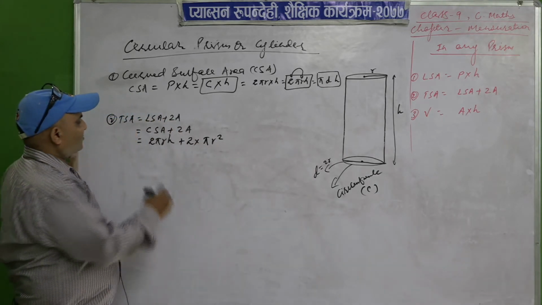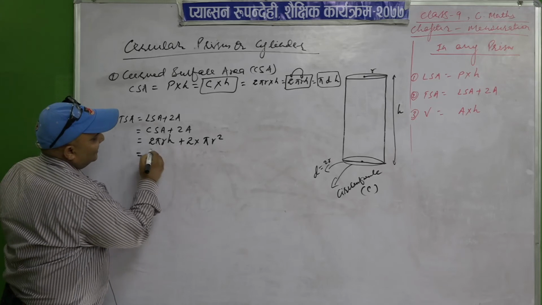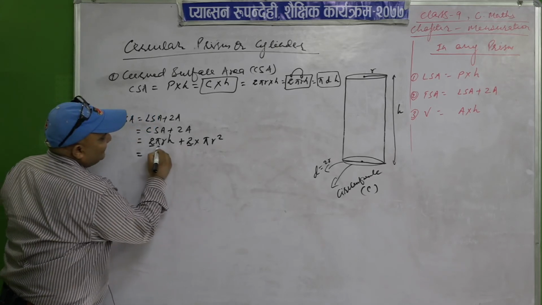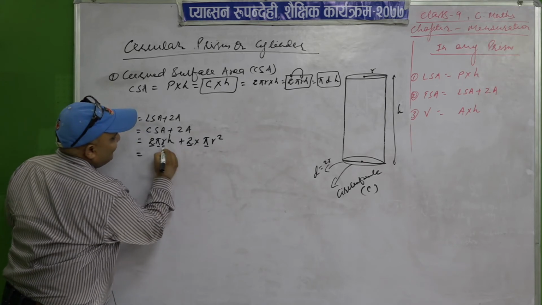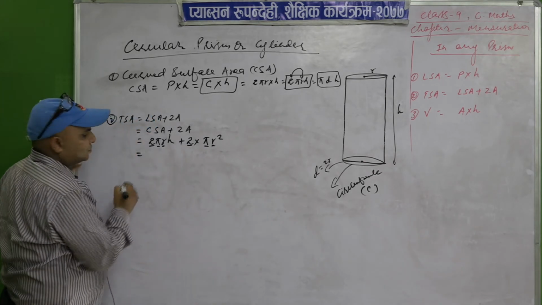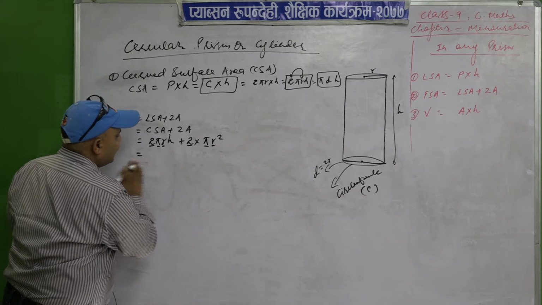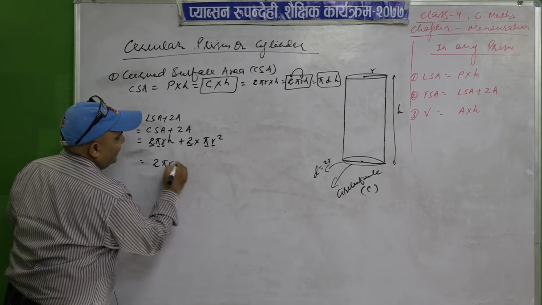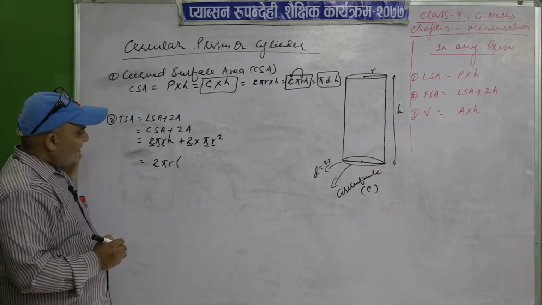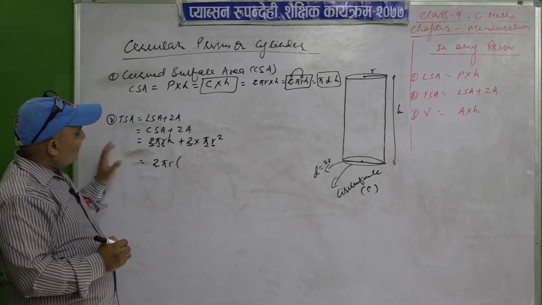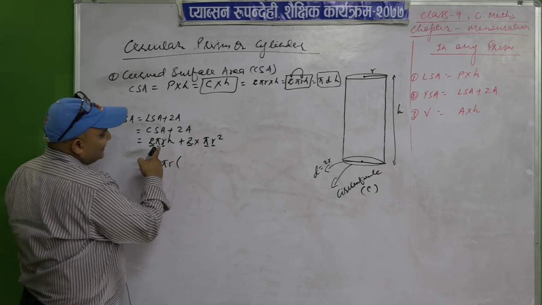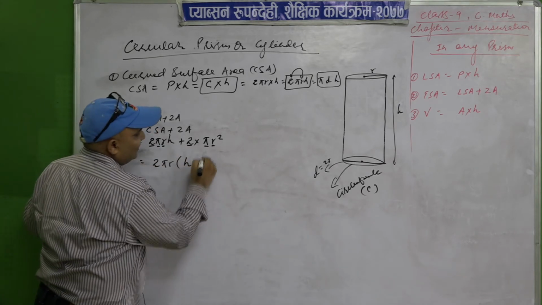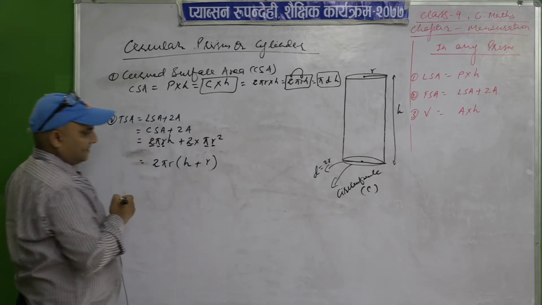Okay. Now, see what is common here. If you see, this 2 and this 2 are common, this pi and this pi are common, this r and this r are common. So, the common part will be 2 pi r, and what remains? h, and plus here what remains? r.